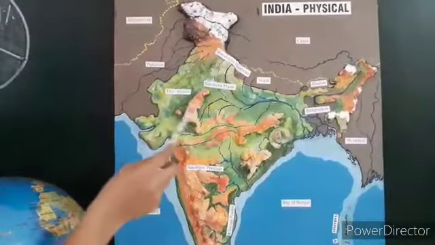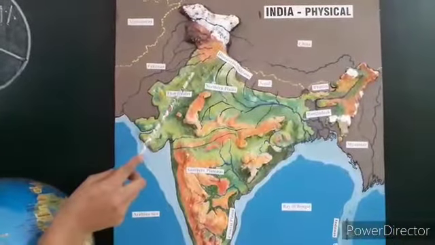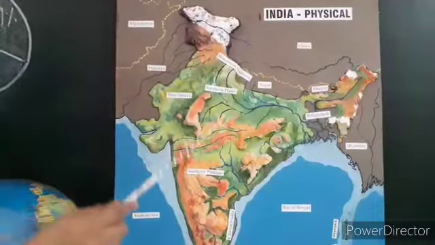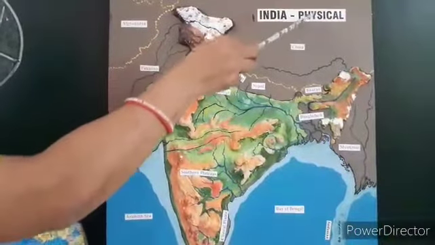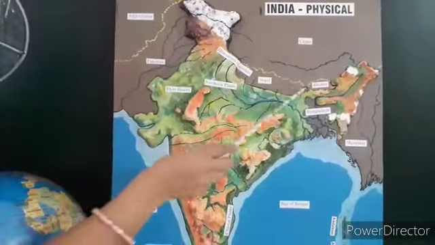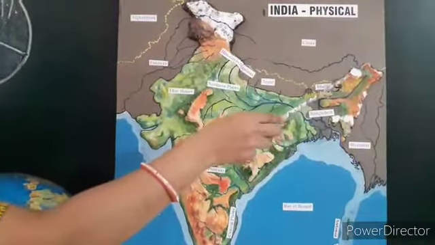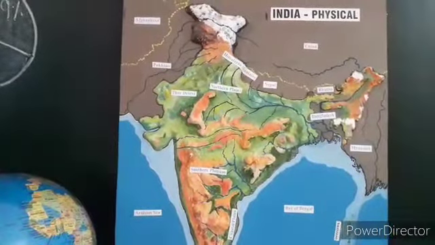This enables the northern plains to get heavy rainfall. In the same way, cold winds from Siberia are blocked by the Himalayas from crossing over to the south.